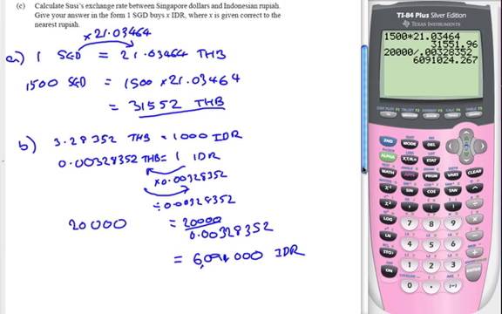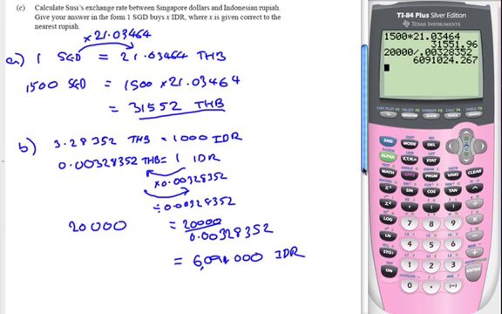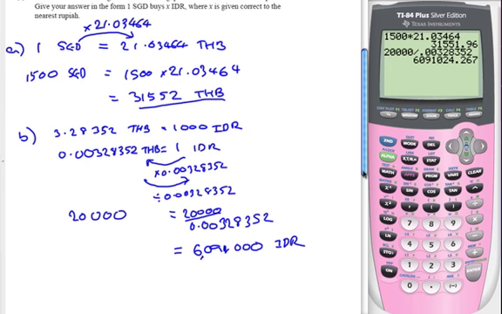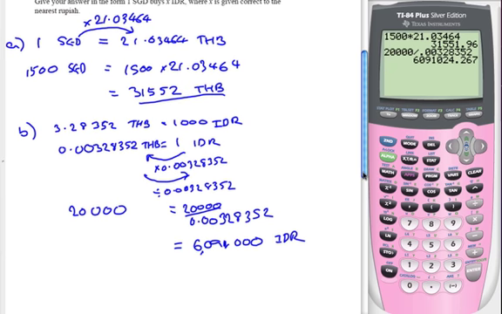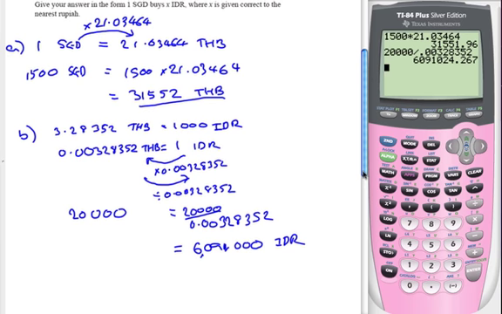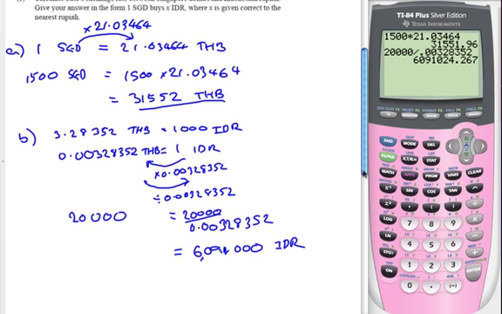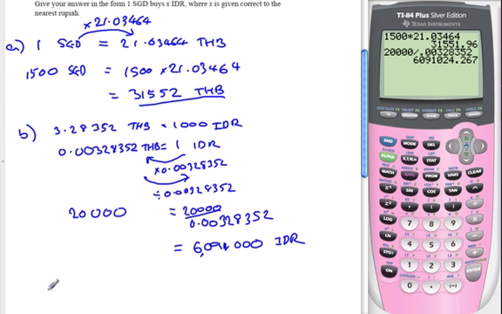Alright. Okay, what's next? Calculate Susie's exchange rate between Singapore dollars and Indonesian rupiah. Calculate your answer in the form 1 Singapore dollar buys how many Indonesian rupees. Okay, so how are we going to do this? Well, let's write down what we know so far.